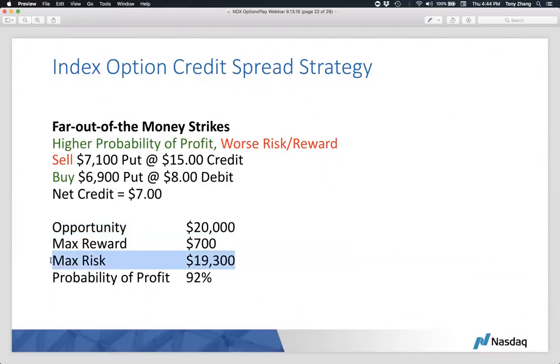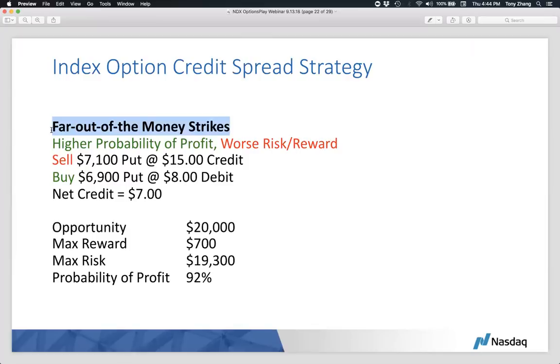Now, when you look at these numbers, they don't look particularly good, but what really attracts people to these types of trades is that the probability of profit on these trades is really, really high. Sometimes you can find 95, 97% probability of profit. Now, what I find interesting is that these far out of the money strikes are actually where we see a lot of index option credit spread traders typically trade.